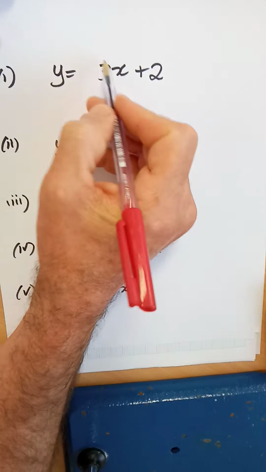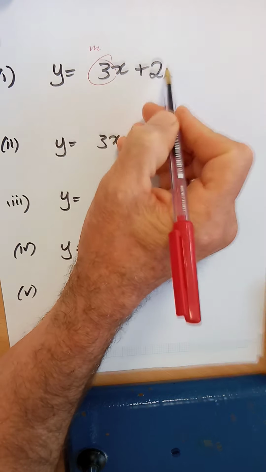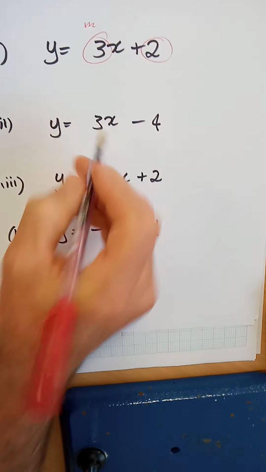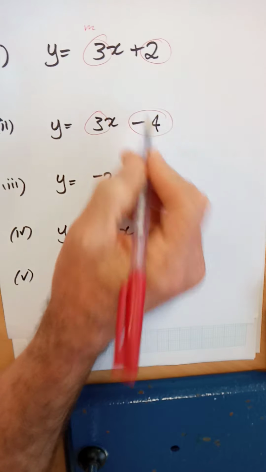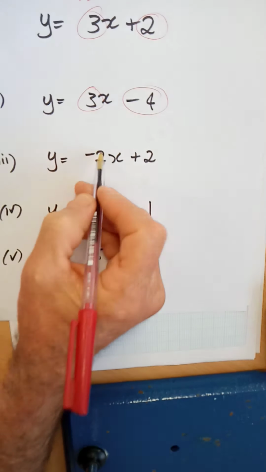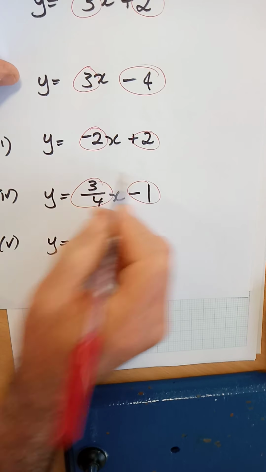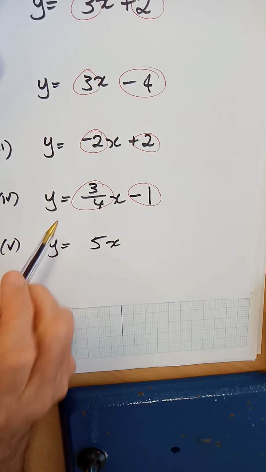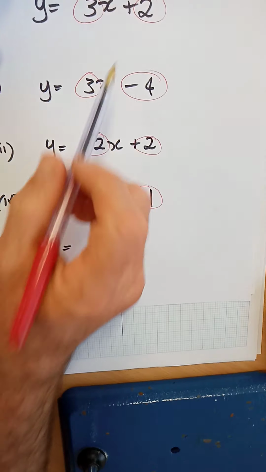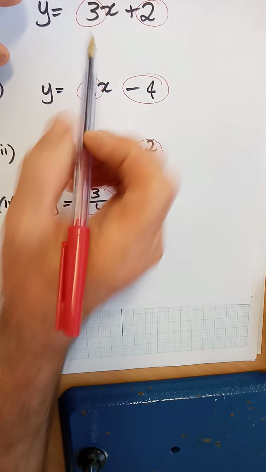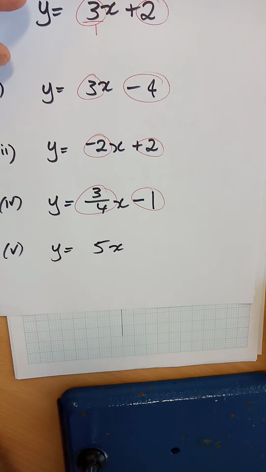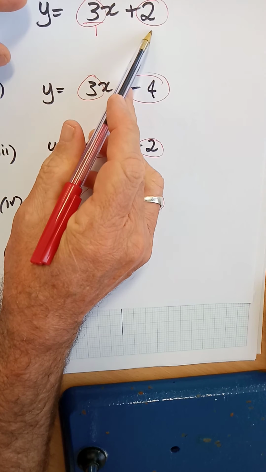So looking at these, that's the gradient, there's the y-intercept. This is a really quick method of doing it. So let's look at the first one. The gradient is 3, and I'm going to change that to a fraction, 3 over 1, and the y-intercept's 2.